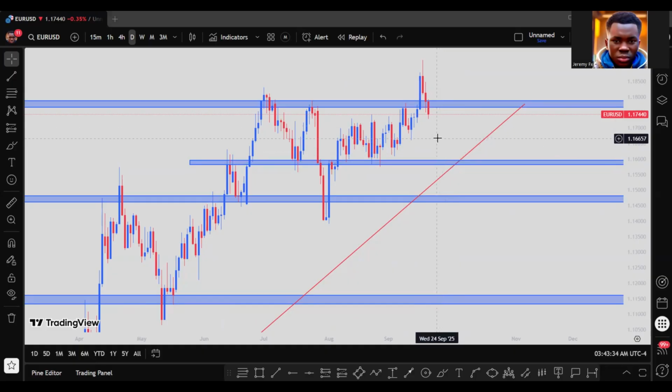So what I'm going to be doing is, if price continues declining back to the downside from here, I'll just wait for price to break this minor level.